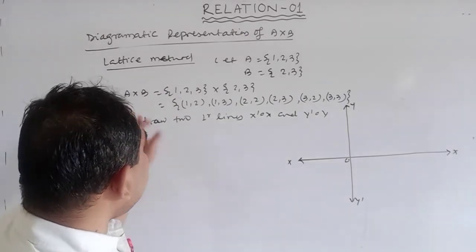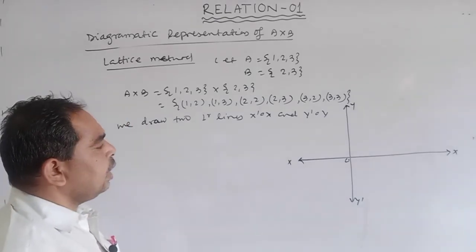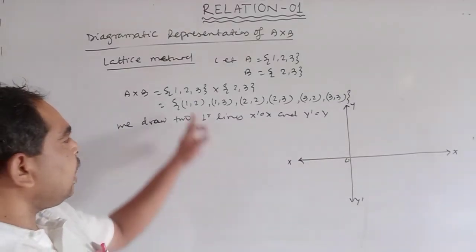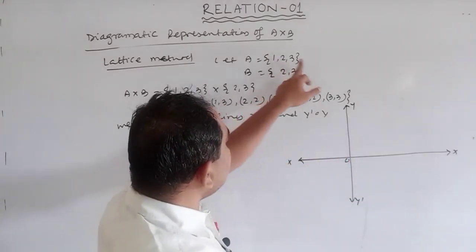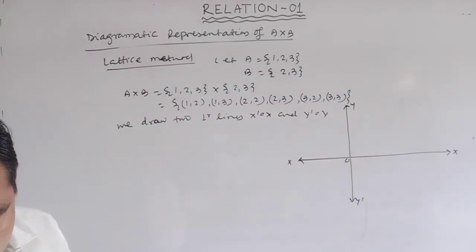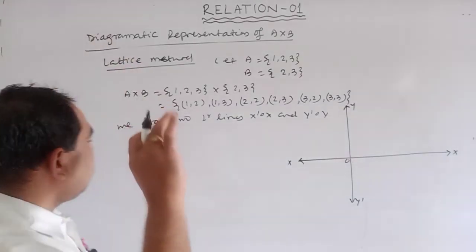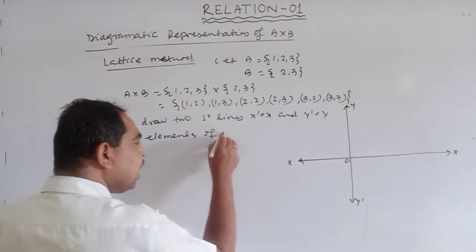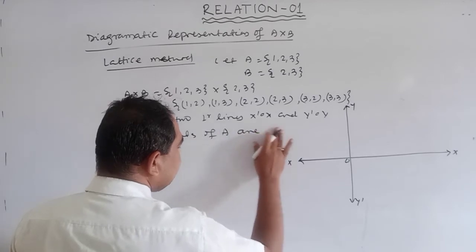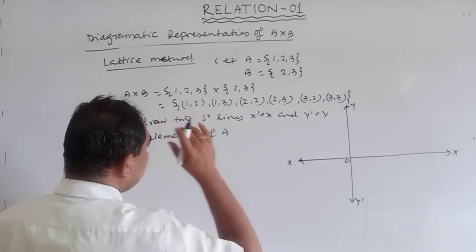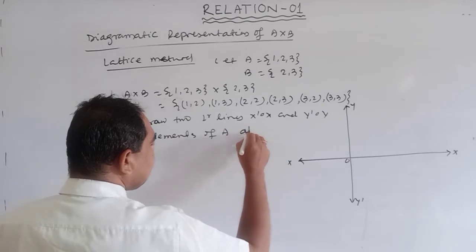The elements of set A are in the x-axis and the elements of set B are in the y-axis.